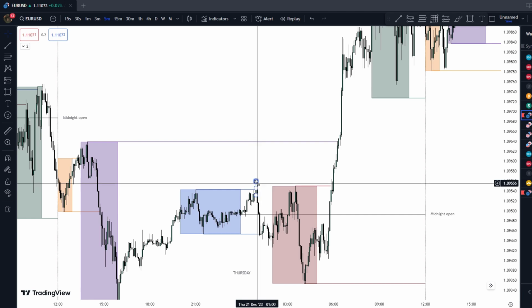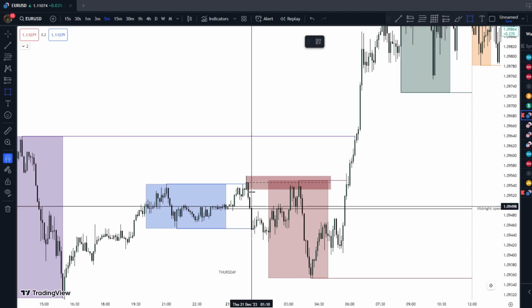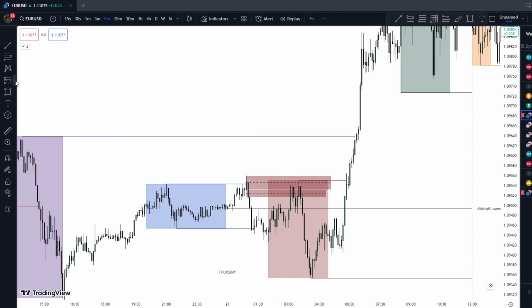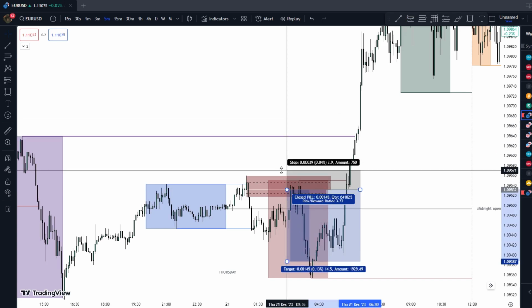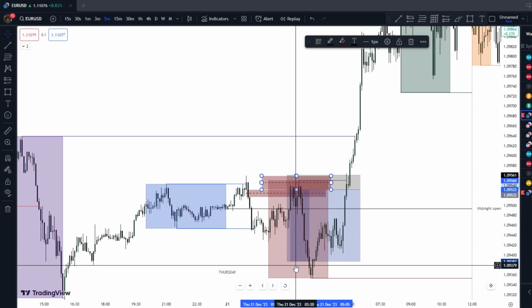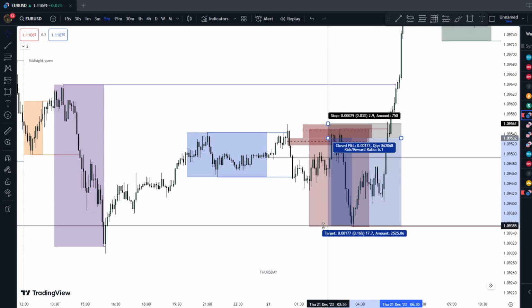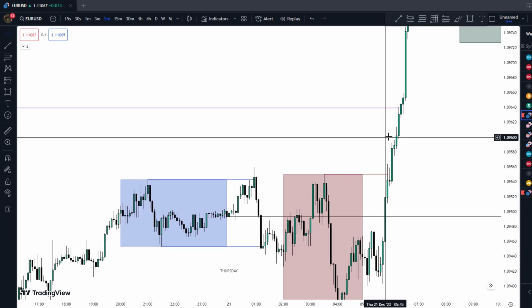So you shouldn't anticipate this high to be taken. We have a beautiful order block here with the fair value gap. Maybe you could have taken a short from this on 5 minute time frame. Short here, stop above here, and target this low, even this low. Yeah, easy 1 to 3.6 risk to reward.